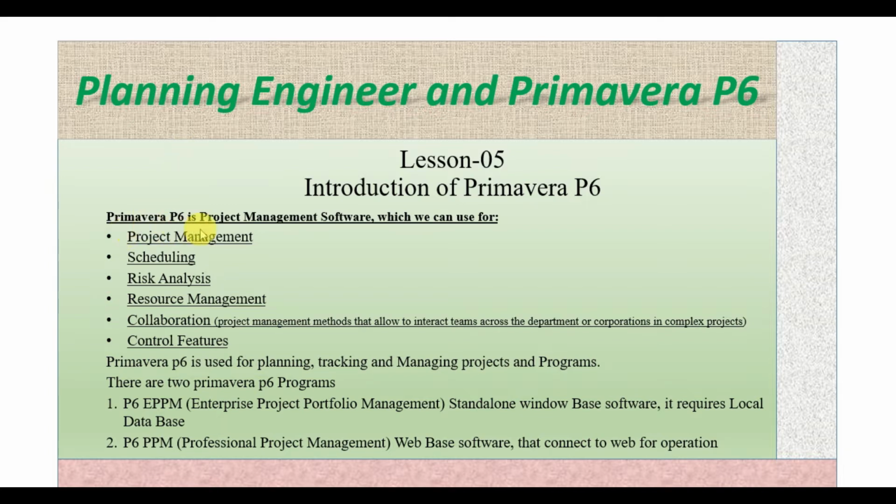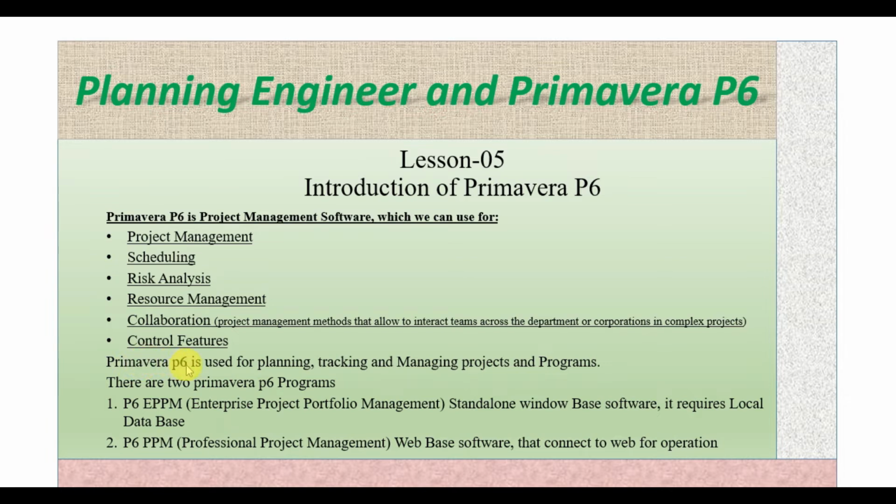So Primavera P6 is a project management software which we can use for project management, scheduling, risk analysis, resource management, collaboration. In collaboration, it's further written here that project management method that allow to interact team across the department or cooperation in the complex project and control features.